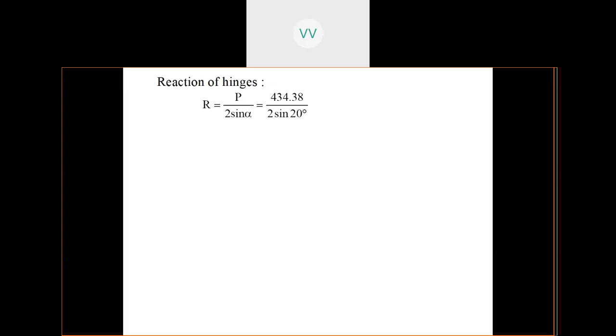So 180 minus 140, you get 40 degrees, and that divided by 2, because for an isosceles triangle the two angles are equal. So 2 sine 20 degrees.